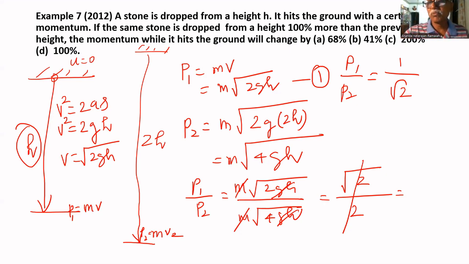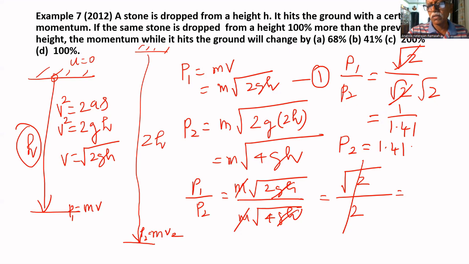Root 2 can be written as root 2 multiplied by root 2, that's why root 2 gets cancelled. Therefore, 1 by 1.41. P1 by P2 equals that, so P2 equals 1.41 P1. 1 means 100%, 0.41 means 41%.